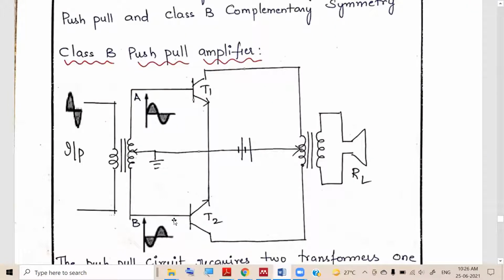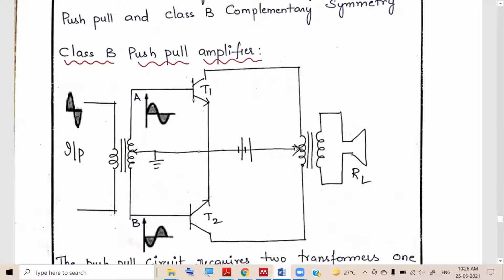So what happens here is when the input is positive, we are giving a positive supply to the base of T1, so T1 will conduct, whereas at the base of T2, during the first half cycle, we have negative at the P side, so T2 will not conduct; T2 will be off. So the signal will pass like this.